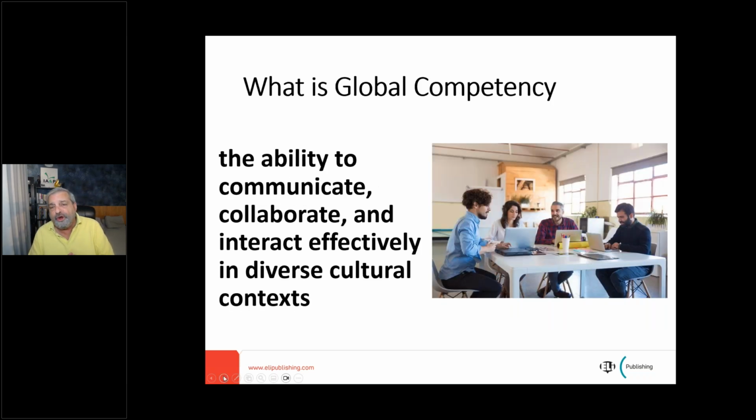So what is global competency? Here's a nice little breakdown. It's the ability not only to communicate, but to be able to collaborate and interact effectively in diverse cultural contexts.